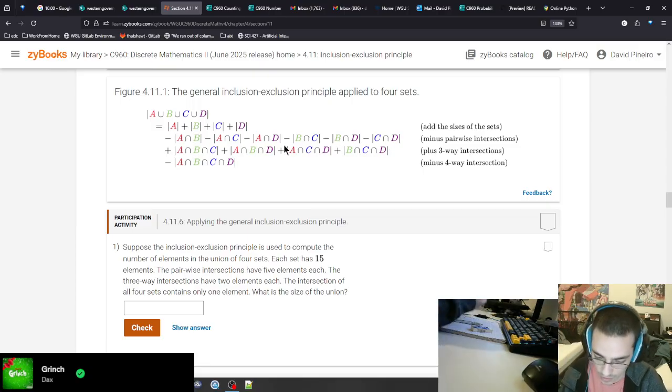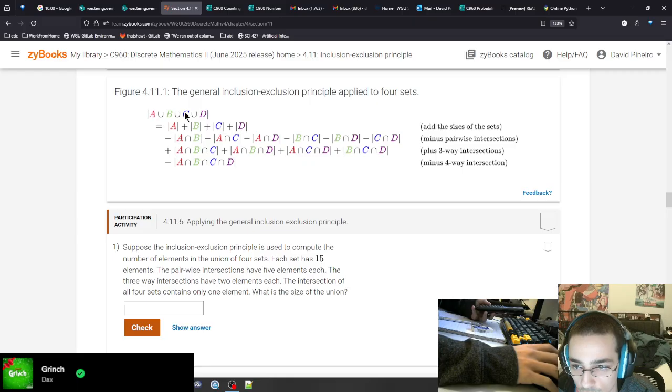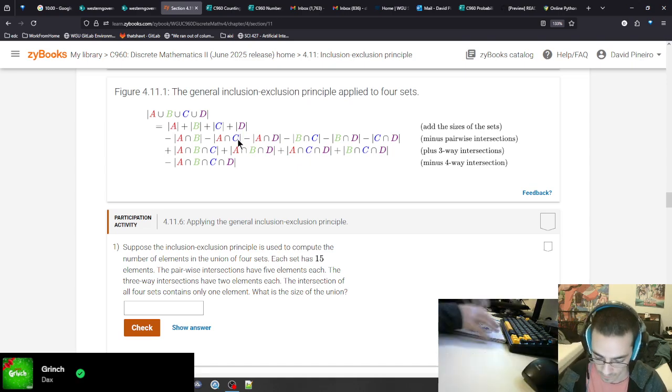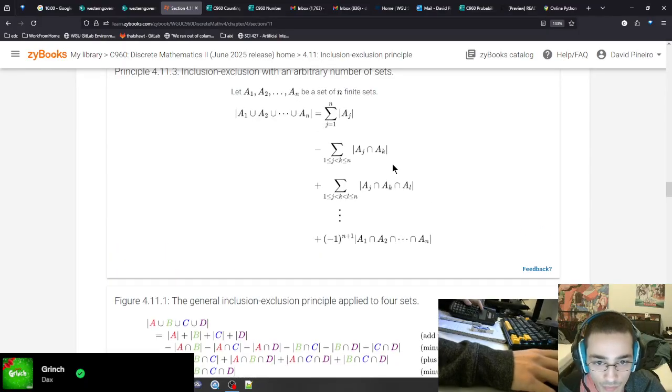Okay, let's test our theory. I thought it was combinations, so I'm going to try 4 choose 2. We have 4 elements choosing 2. We're going to get 6 of these: 1, 2, 3, 4, 5, 6. So combinations, my friends, combinations.